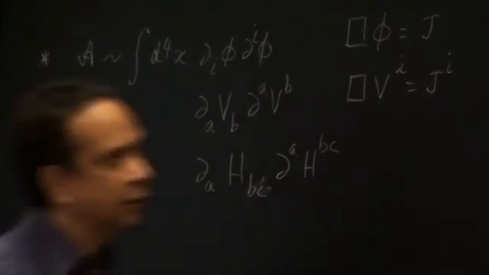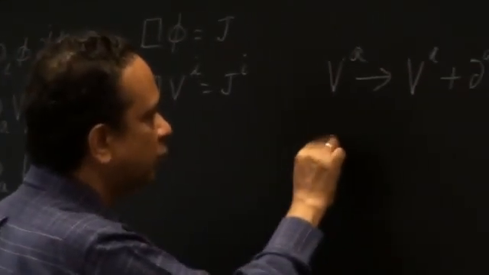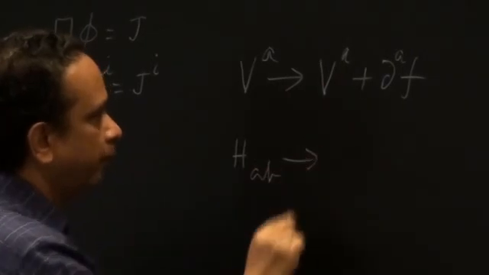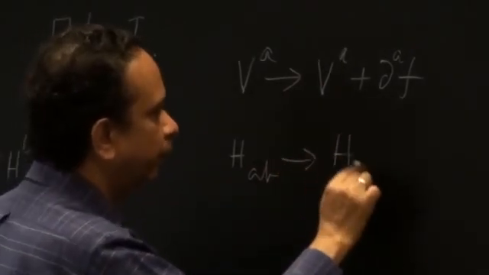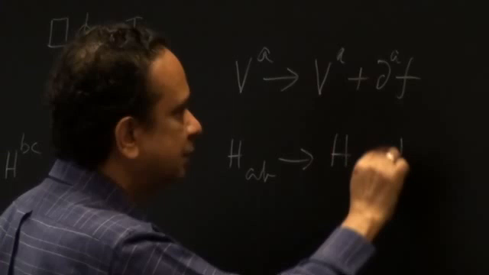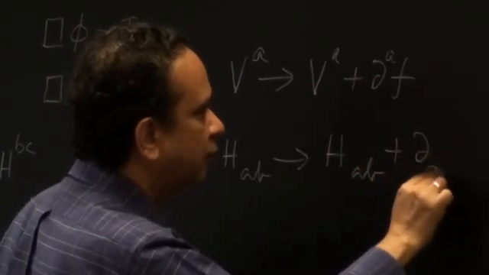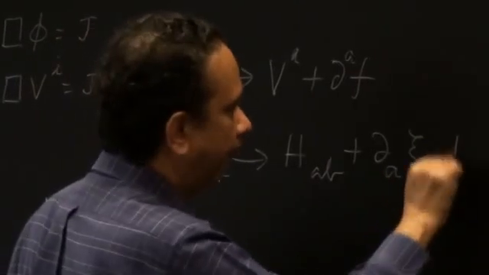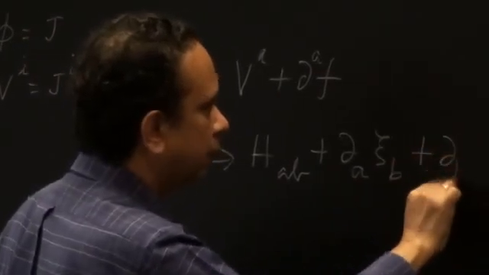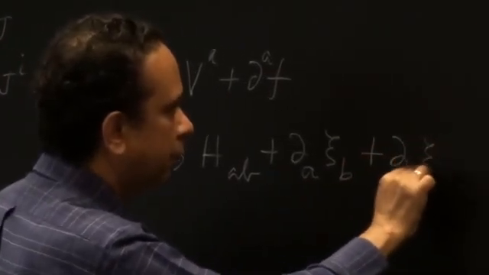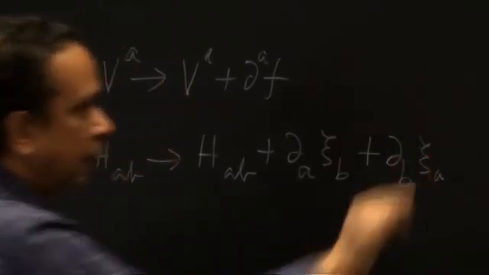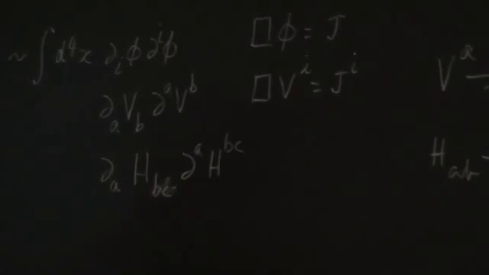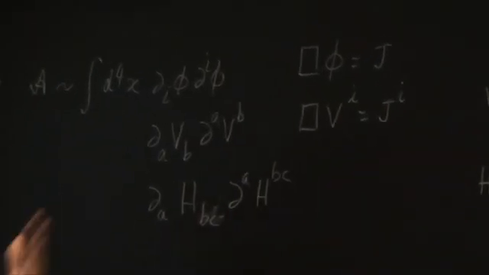And here the corresponding gauge transformation one thinks of is H_AB going to H_AB plus ∂_A of ψ_B plus ∂_B of ψ. This arises just because of the way the indices have to be contracted and has to do with the sign.